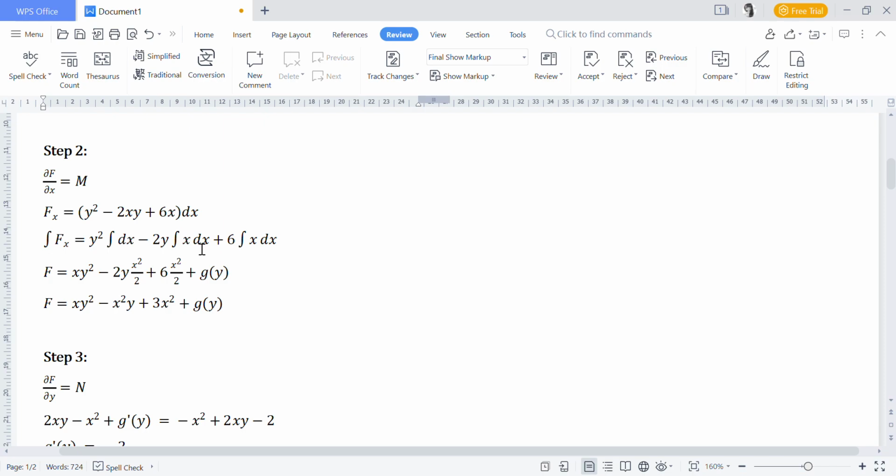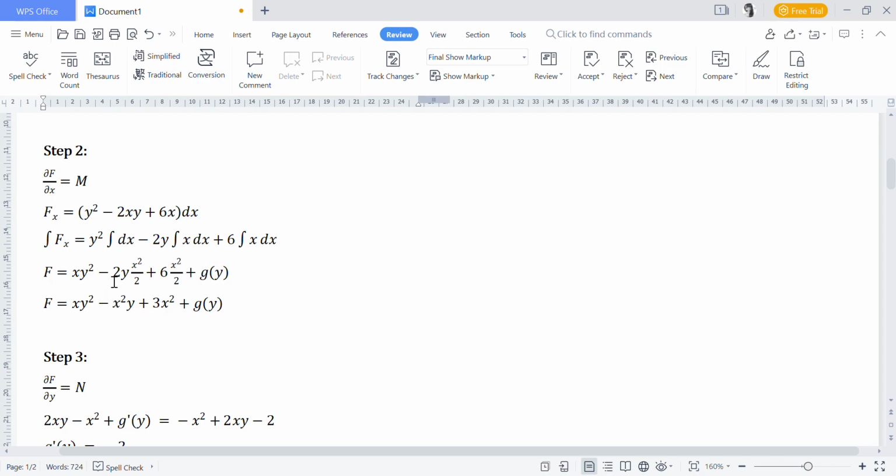Now, the integral of x, by using the power rule, which is x raised to the power of n plus 1 over n plus 1. Okay, so since the degree of x is 1, we will just add another 1. So this will become x squared over 1 plus 1, which is 2.